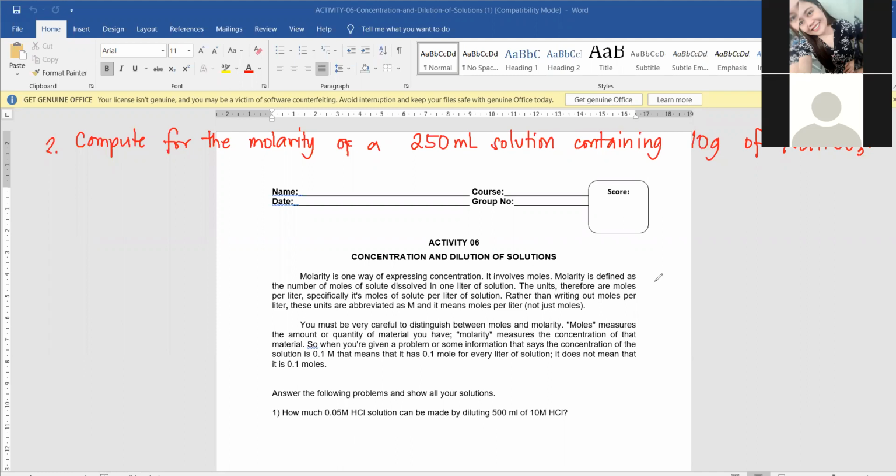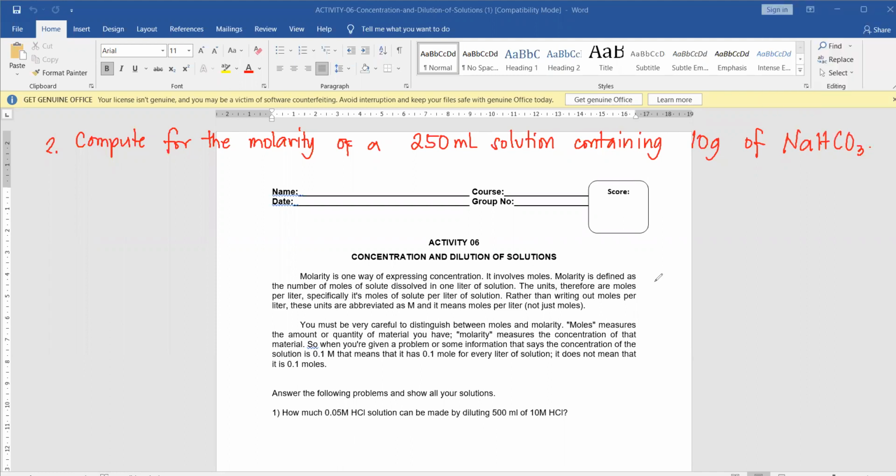Okay, sige. Let's see kasi iba-iba kayo ng answer. Alin ba dyan ang tama sa na-send ninyo?